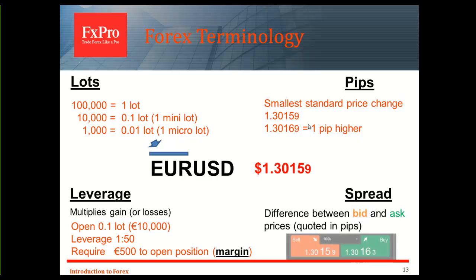And finally, just for this sort of terminology overload, just to point out about spreads as well. Spread is simply the difference between the bid and ask prices that you see here quoted in pips. So here 1.3015, so 15 to 16, or 159 to 163.